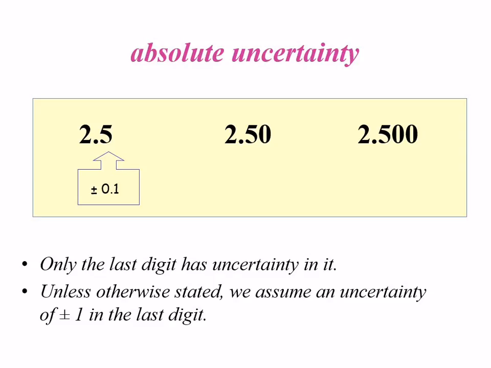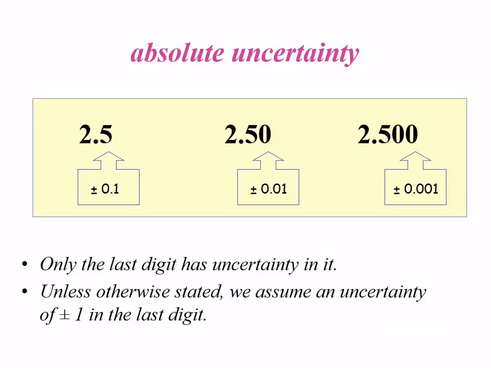So if we go with the uncertainty or the tolerance as plus or minus 1 in the last place, 2.5 is plus or minus 0.1. 2.50 is plus or minus 0.01. 2.500 is plus or minus 0.001.